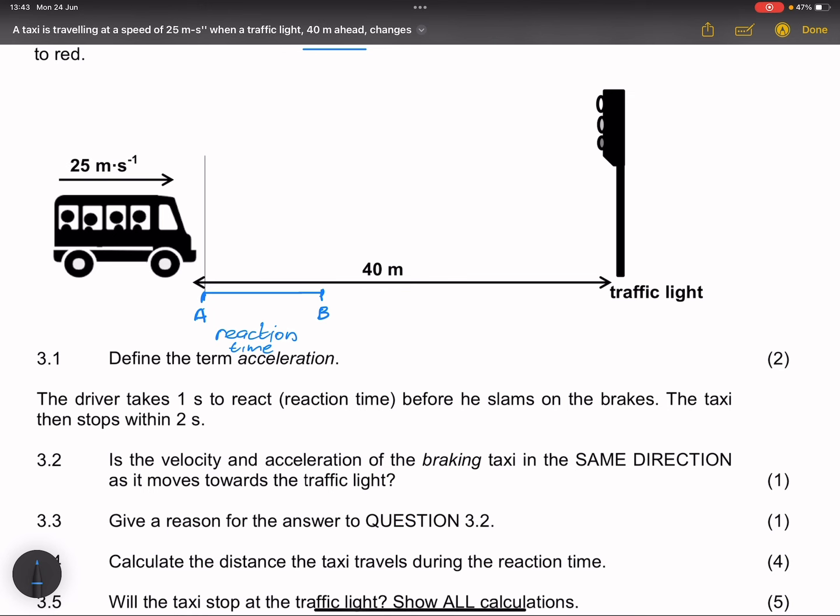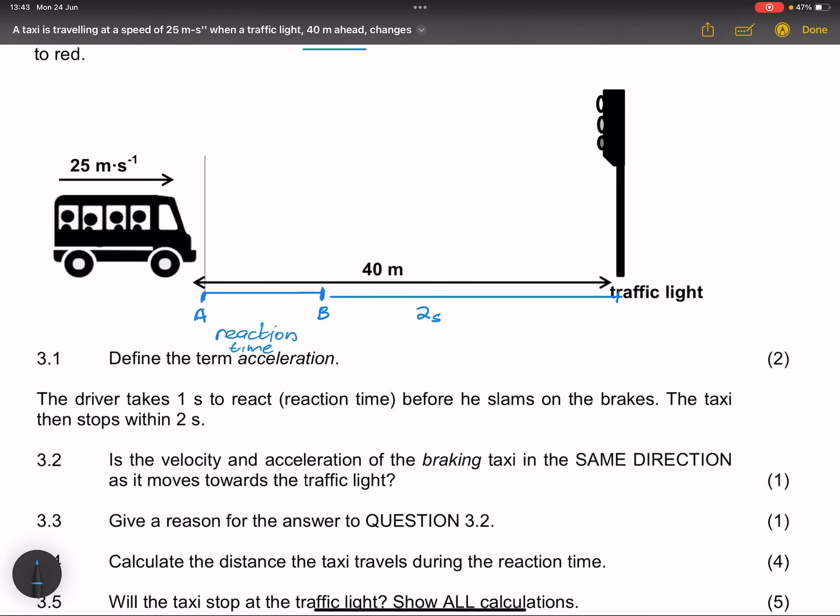And then what happens? He starts applying the brakes from B, and we want to know, is he going to be able to stop at the traffic light? But we'll get to that in a while, right? So we know that it takes him 2 seconds to stop.